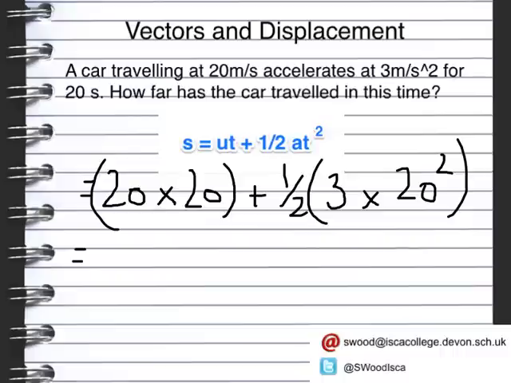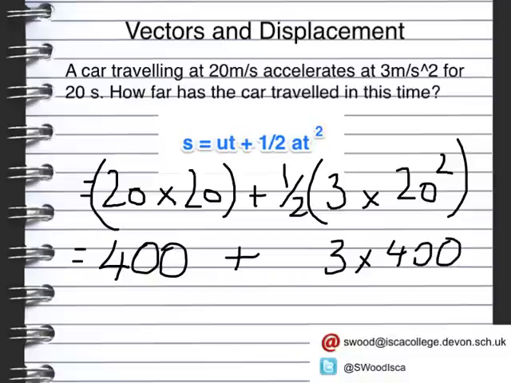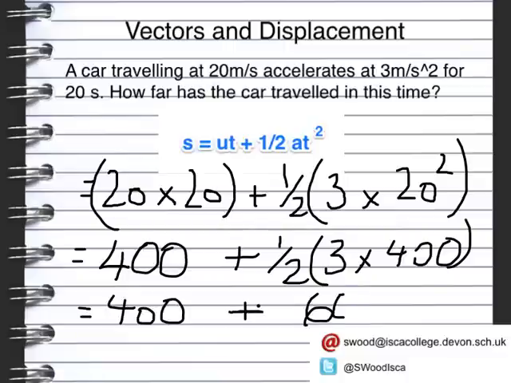So 20 times 20 is 400, plus, now 20 squared again is 20 times 20, so 3 times 400 is going to be 1200. Times that by a half, we're going to have 400 plus 600, which therefore will equal 1000 meters.